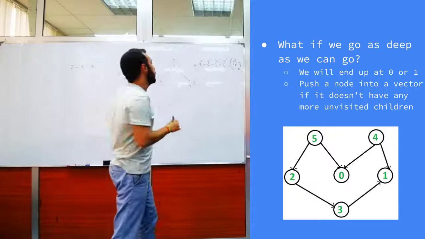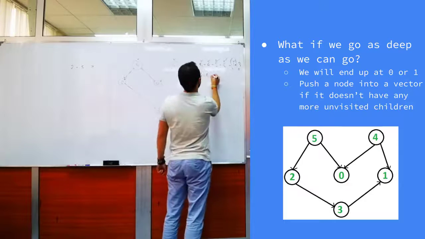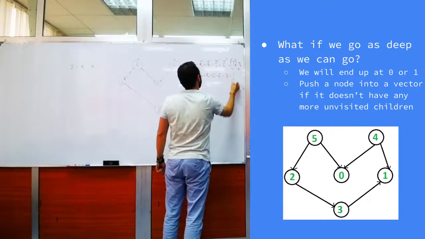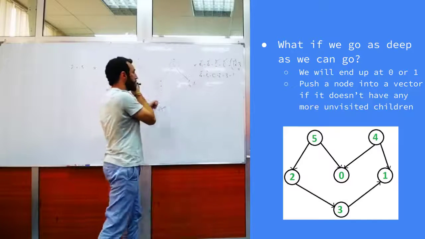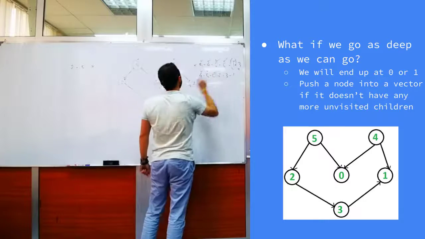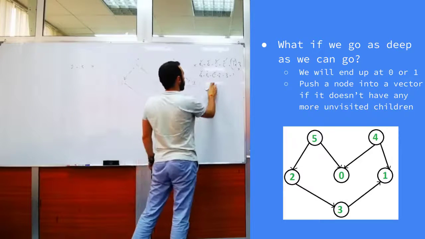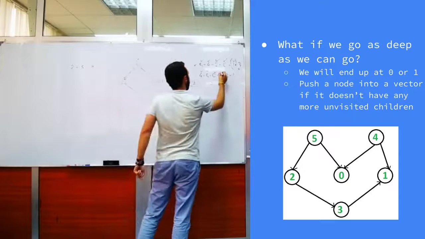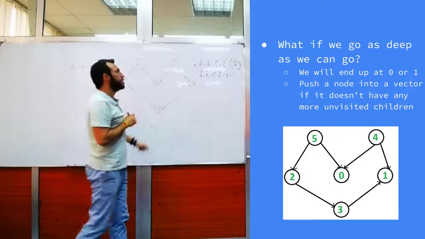And let's check another one: 4, 5, 0, 2, 3, 1. So 4, 5, we already did the check above, and 0 appears after its parents. That's fine. And then we have 2. For 2, again, 5 was already added to the list. It's fine. And then we have 3.